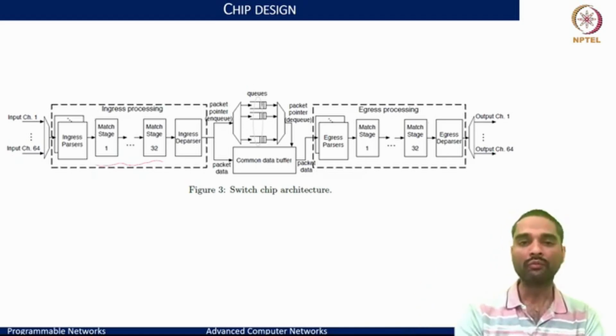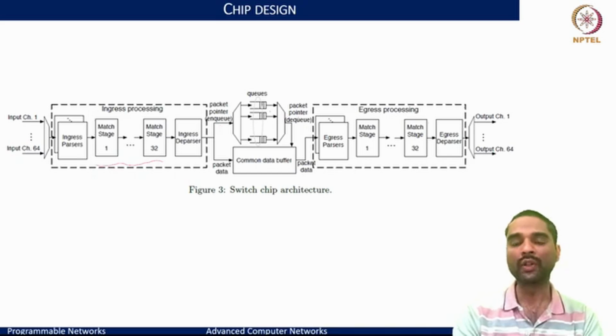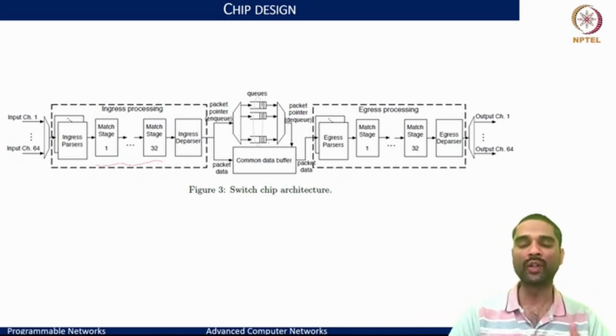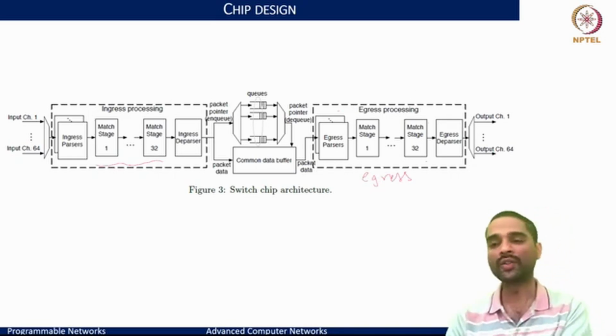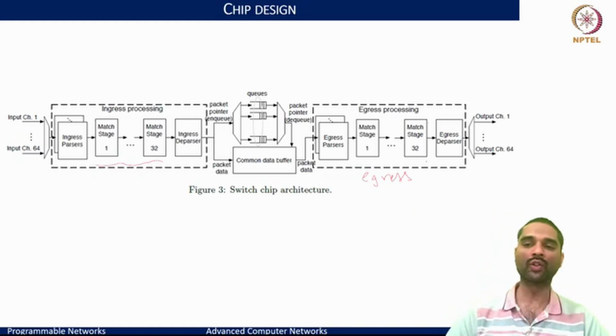And once the packet pointers are updated in any of these queues, then you look up what is the port on which the data needs to be sent and what is the specific processing on the output that you would want to do being carried out in the egress pipeline. And this is basically the egress pipeline processing, and that is done before emitting out the packet on a specific output channel.